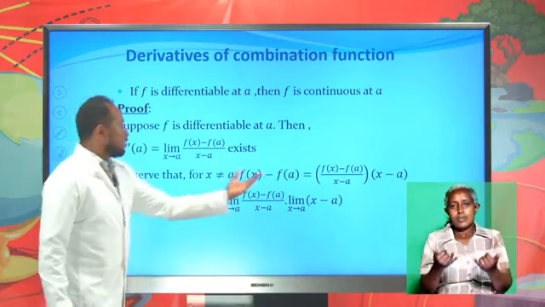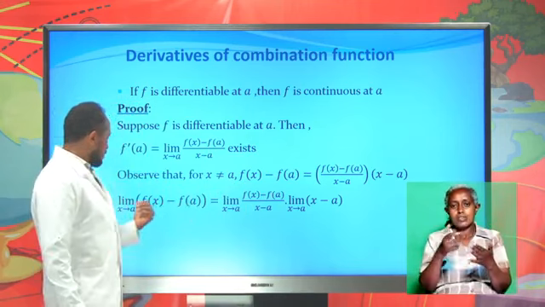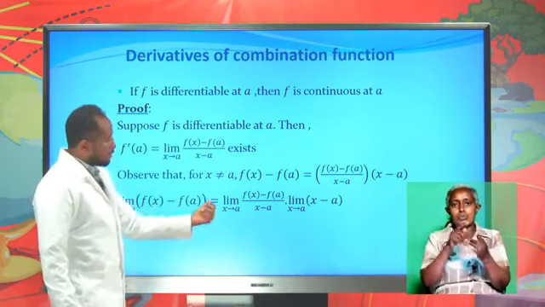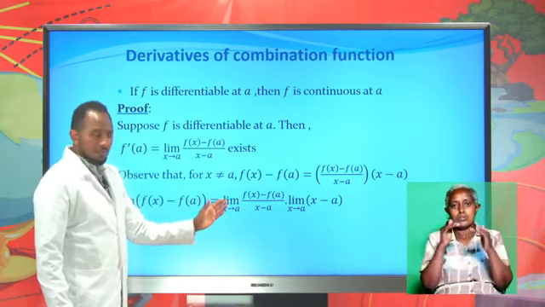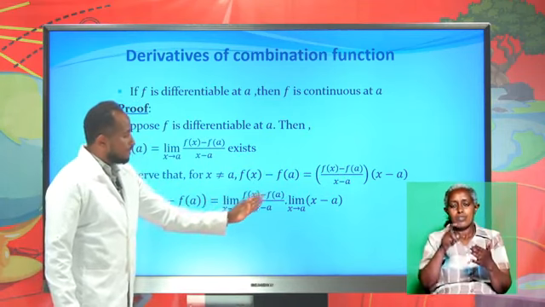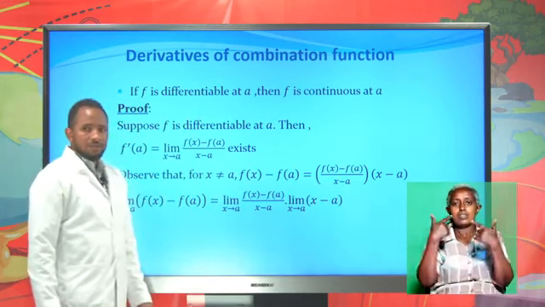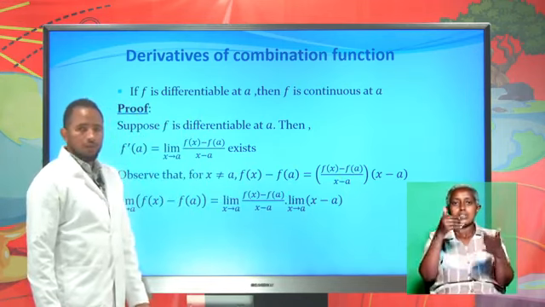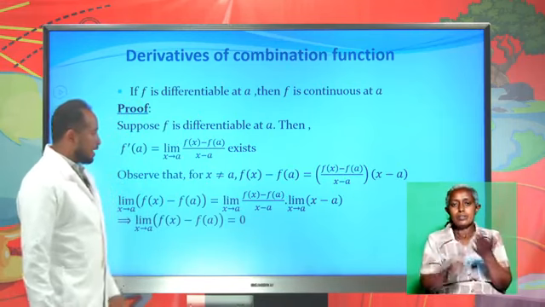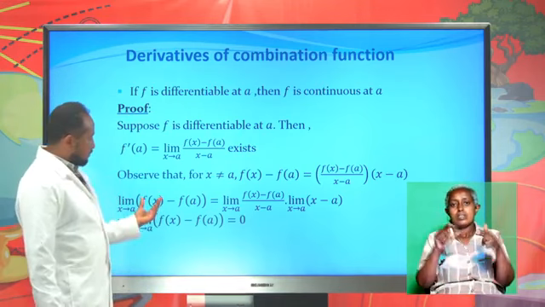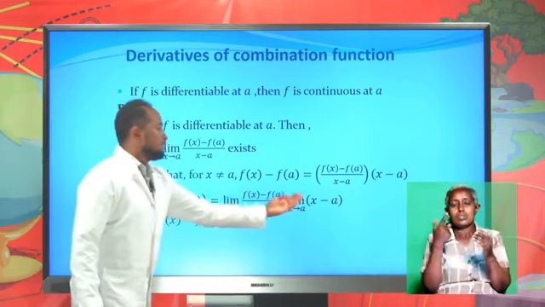Now the limit of f of x minus f of a, where x approaches a, is equal to the limit of f of x minus f of a over x minus a times the limit of x minus a, where x approaches a.